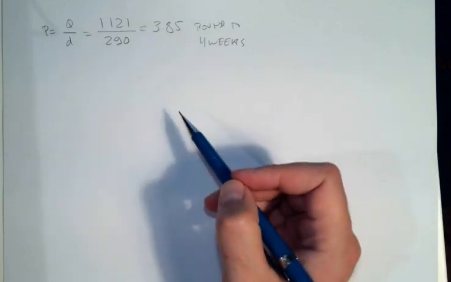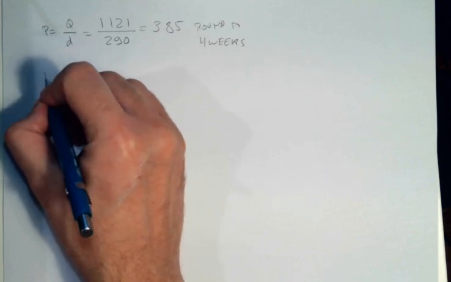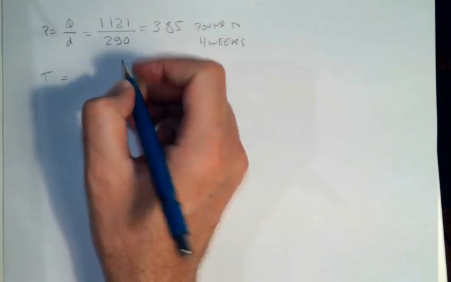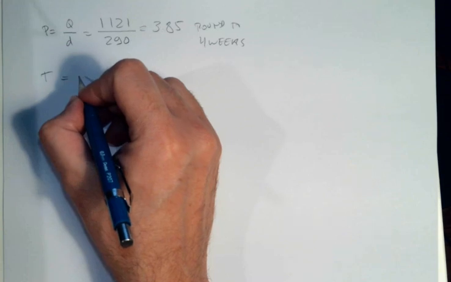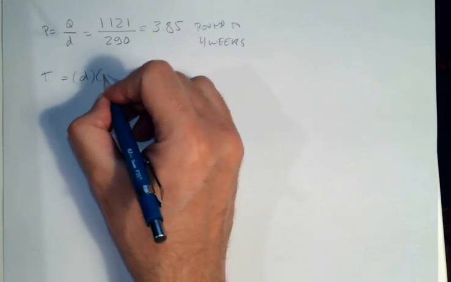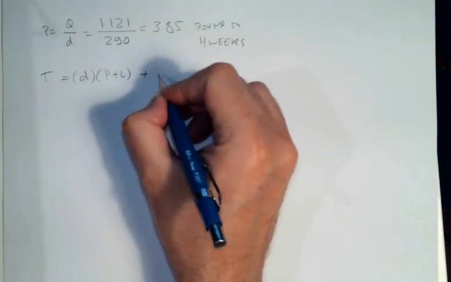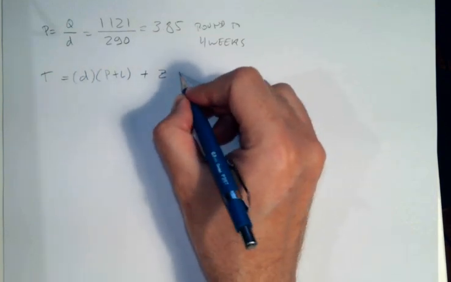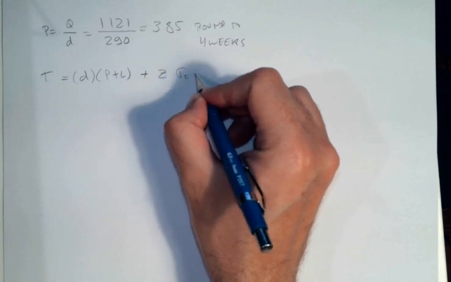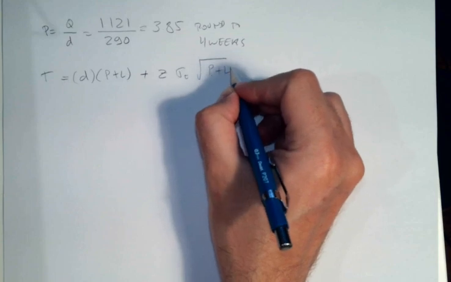So every 4 weeks we're going to take a look, and now we're going to calculate the target level, T. Just to put the formula here, that will be the demand times P plus L, plus the z-score times the standard deviation over the week, in this case, square root of P plus L.